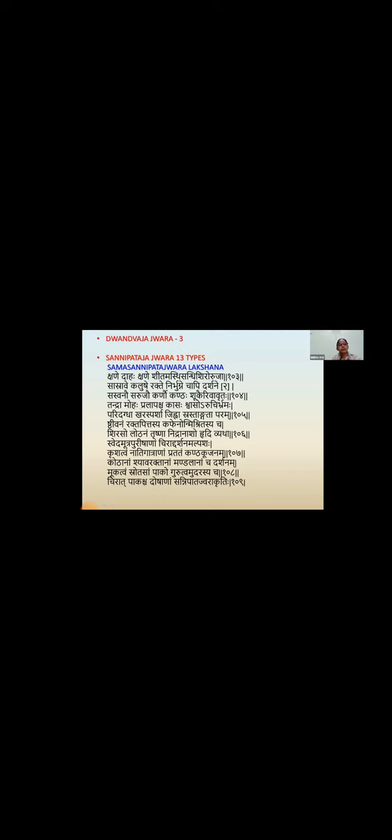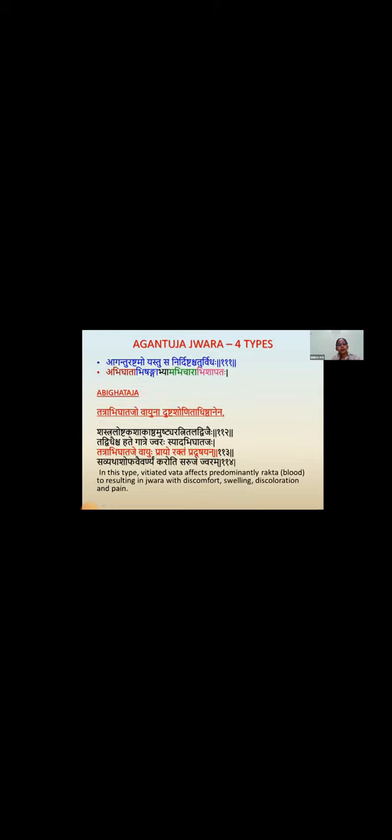And coming to the last type, the agantuja jvara, wherein agantur ashtamo yastu sa nirdishta chaturvidhaha, especially abhighataja, abhishangaja, abhicharaja, and abhishapaja.